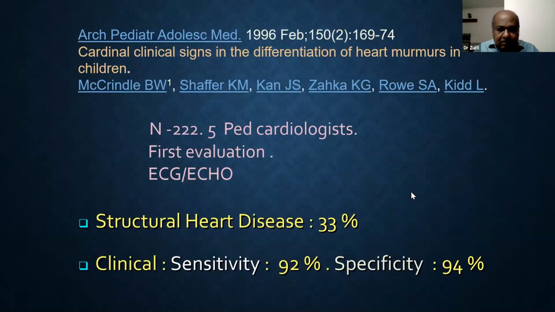He studied 222 patients, and all the evaluation was done by pediatric cardiologists. The examination, ECG, echo, everything was done at first evaluation, and they found one third had structural heart disease. Clinical sensitivity with the pediatric cardiologist is 92%, which means that you can have a lower sensitivity with pediatricians or even younger residents.